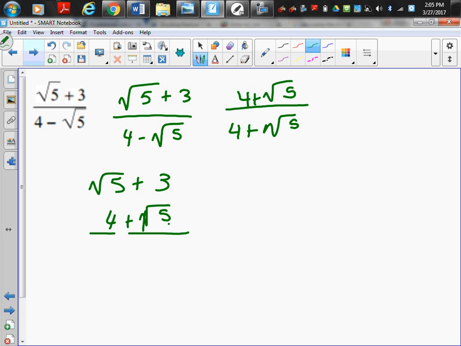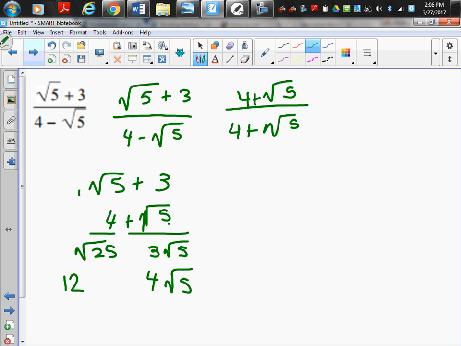Alright, so square root of 5 times 3 is 3 square root of 5. 1 times 1 is 1. Square root of 5 times 5 is square root of 25. 4 times 3 is 12. 4 times the square root of 5 is 4 square roots of 5.